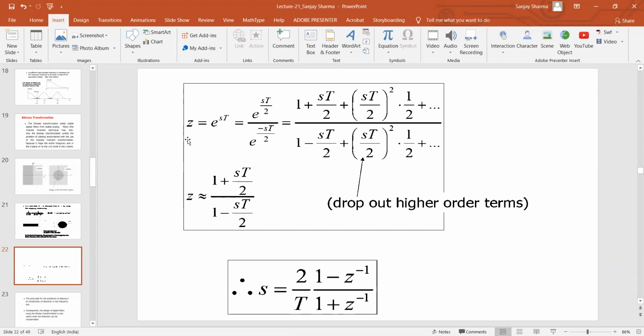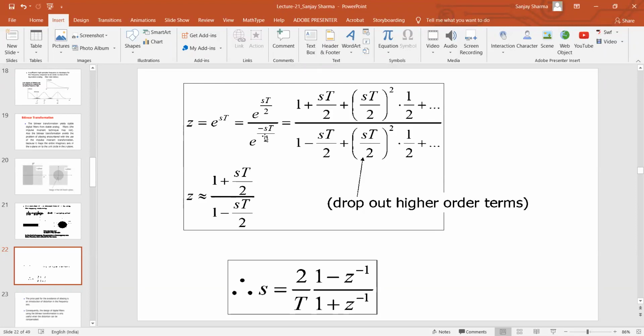Now I can write e to the power sT as e to the power sT by 2 divided by e to the power minus sT by 2. I can expand the numerator and the denominator using the power series, giving 1 plus sT by 2 over 1 minus sT by 2, and so on.